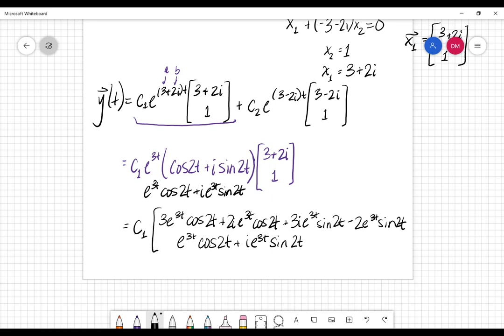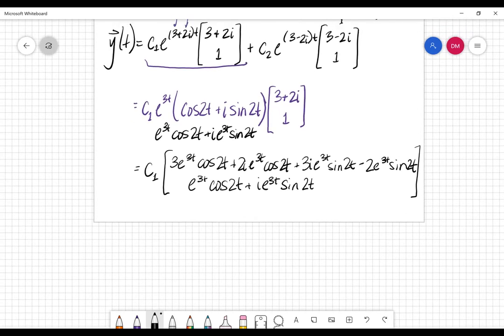Okay. Fingers crossed. All right, so we are going to separate out our real and imaginary parts here. And remember that those imaginary pieces get lumped in with our C sub 2. Okay, so we're going to keep the real parts with C sub 1. So my real pieces being these right here.